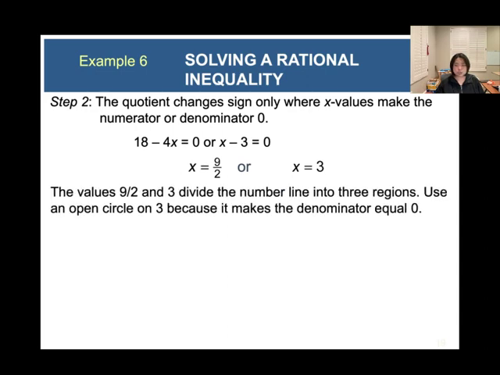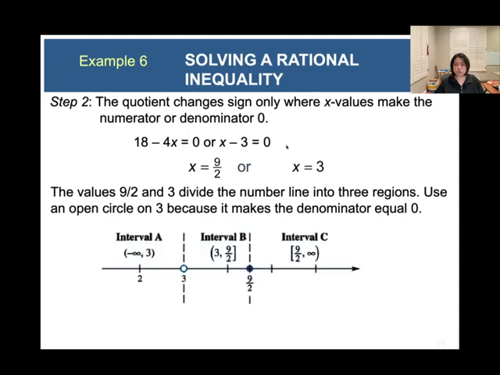And then, just like the previous example, these two values will divide the number line into 3 regions. But be careful. We just said that x cannot be equal to 3 because x minus 3 is in the denominator. So we're going to use an open dot to represent this. x cannot be equal to 3.